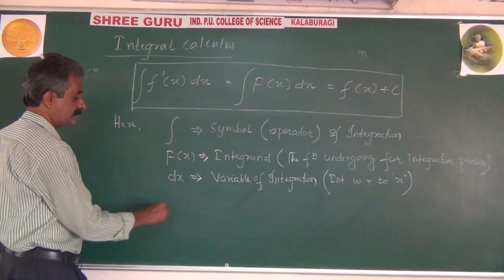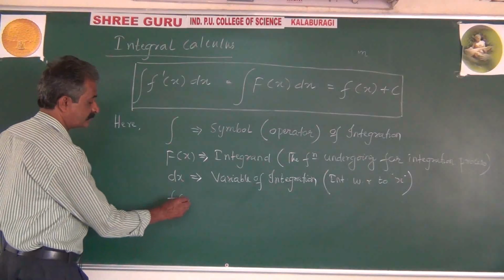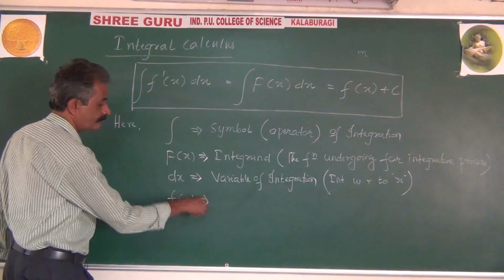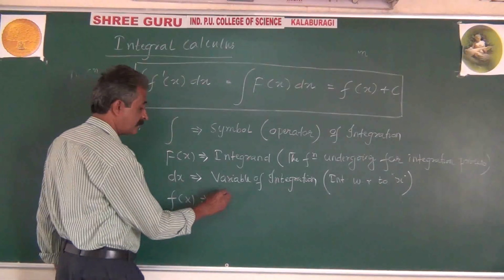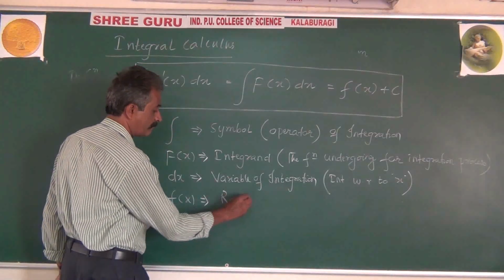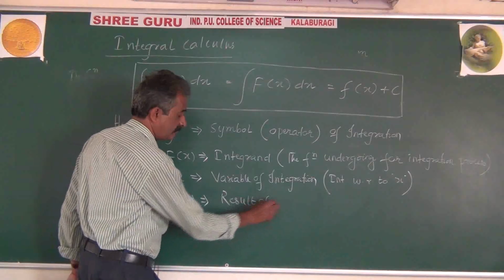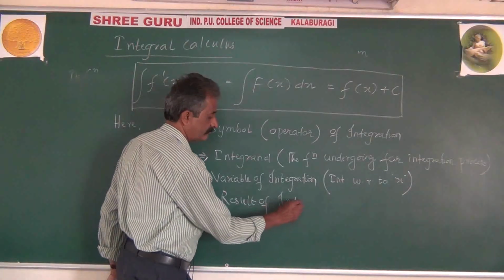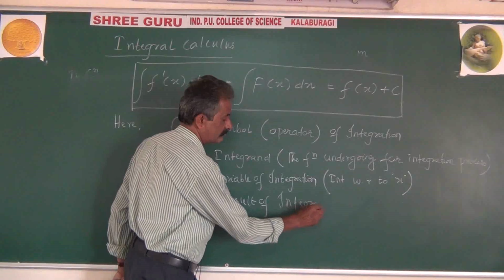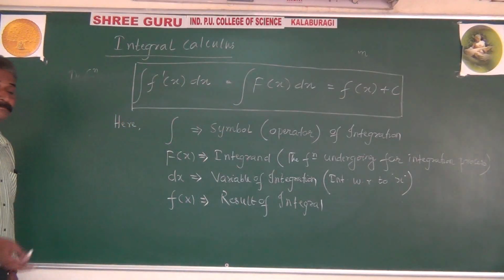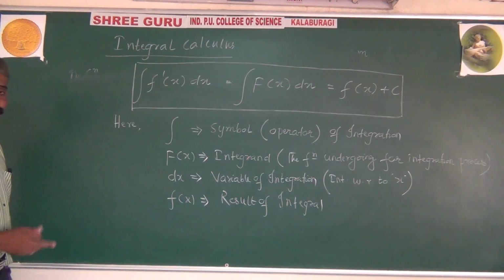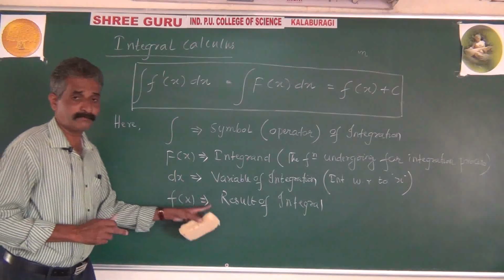Next, small f of x. Actually, the original function we are going to call here the result of integration. It means the output after performing the integration process, that is f of x.